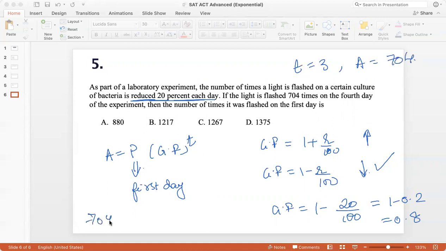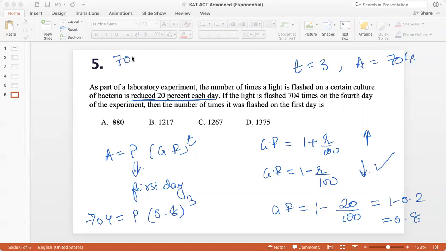So 704 = P × 0.8^3, right? And what is 0.8^3? Let's figure that out. 0.8^3 is 0.512.